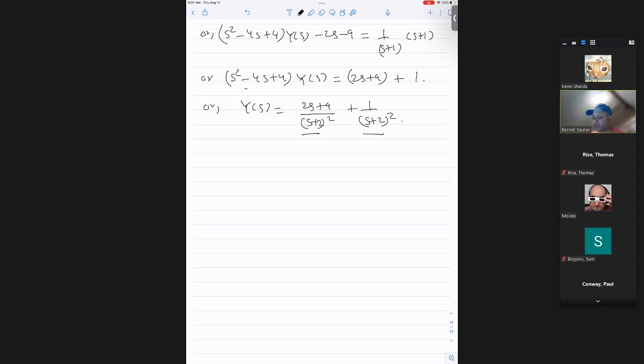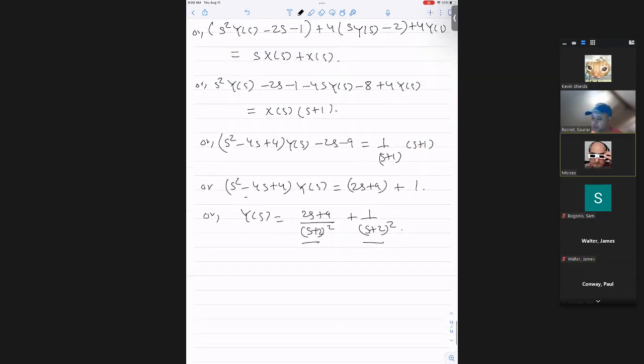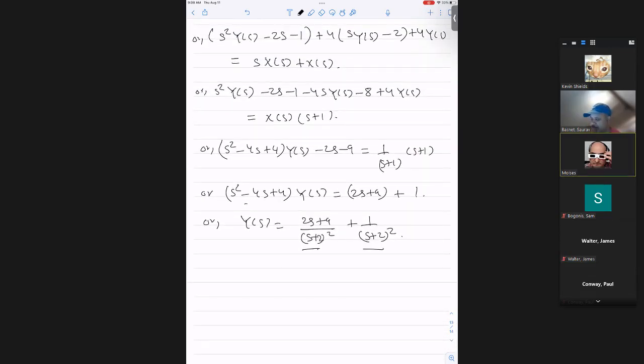We can do the Laplace of this, and inverse Laplace, and you can find it. Is it s minus 2, or s plus 2? Yeah, it's minus 2. Wait, let me check. I might have made a mistake early. Yeah, this is plus.